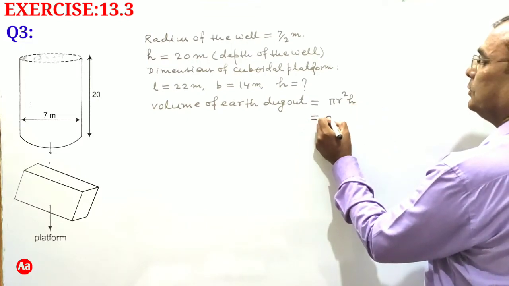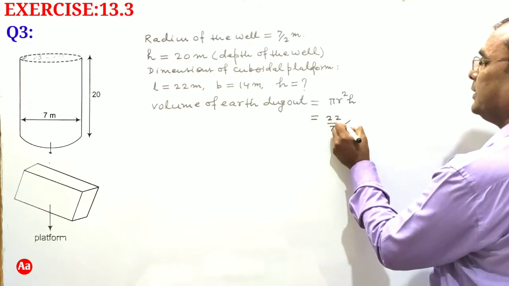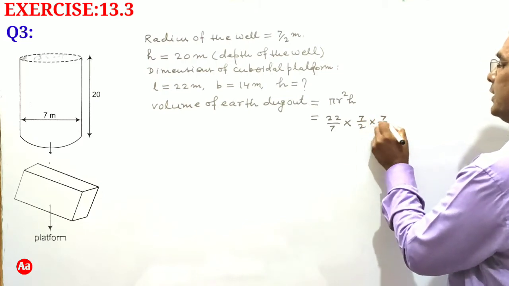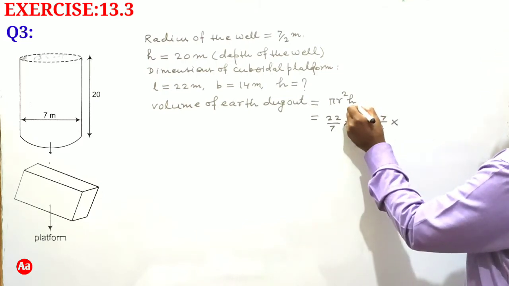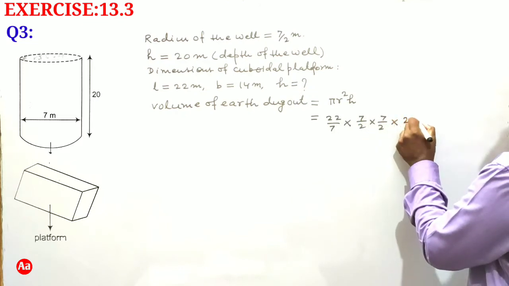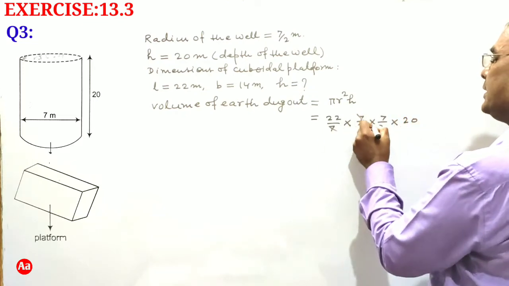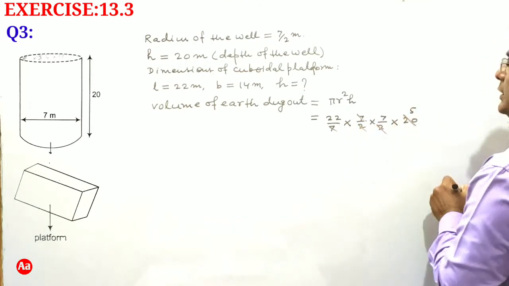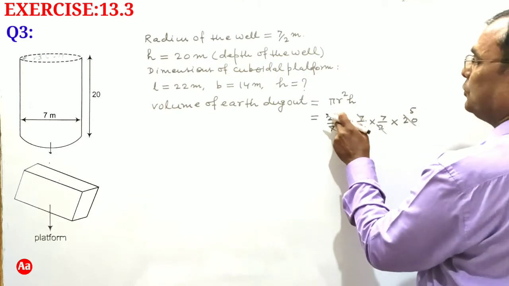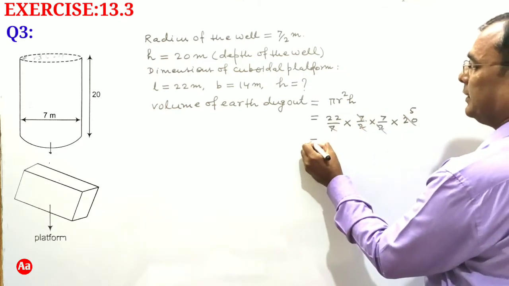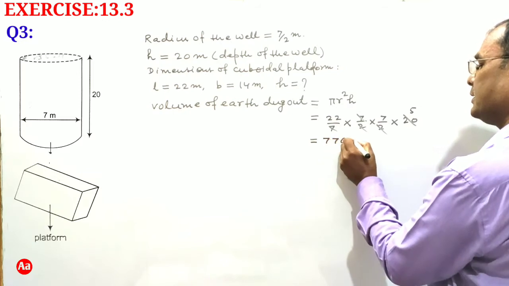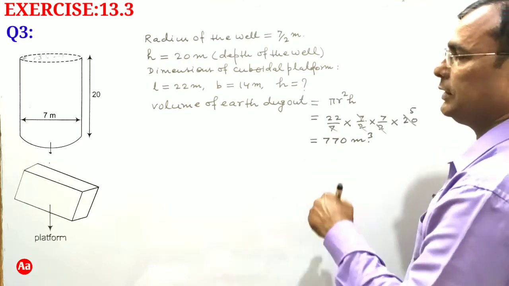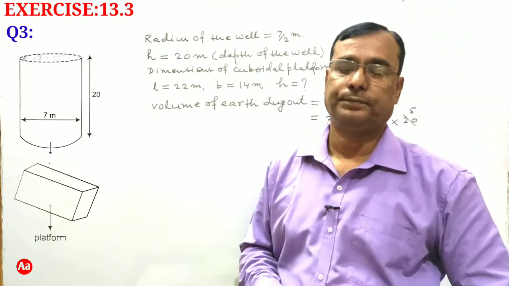So this is equal to 22 by 7 into 7 by 2 into 7 by 2 into h, depth of the well 20 meter. 7 7 cancel, 2 2 are 4, 5 into 4 is 20. 5 into 22, 110 into 7, so this is 770 meter cube volume of earth dug out from the well.